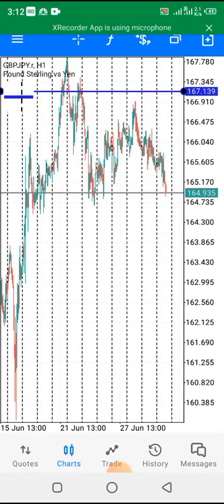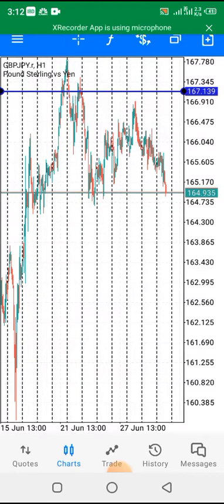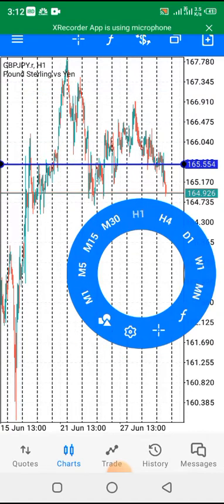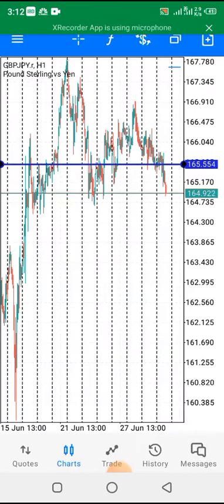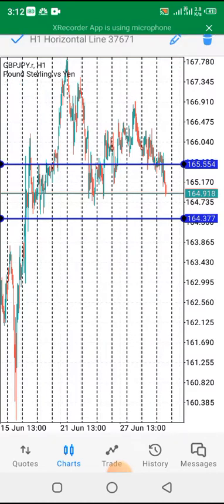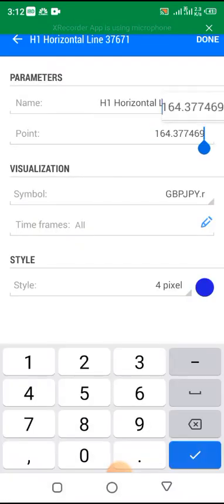So this is the British pound Japanese yen pair, the GBP JPY, right guys? The first thing you have to do is look for the horizontal line and draw it. We are now plotting our psychological levels, right?